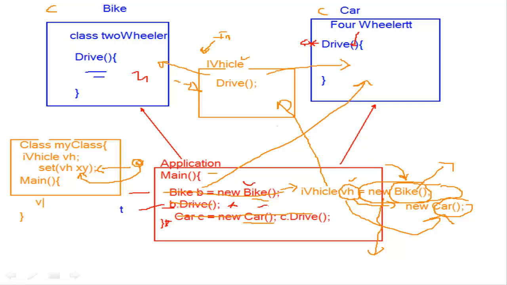Whichever object is given to me, I am going to drive it here. So in my main, I will drive it, provided somebody somewhere else is going to create that vehicle for me, some bike, car, truck or anything, and will inject that into my object. And that is the meaning of dependency injection.